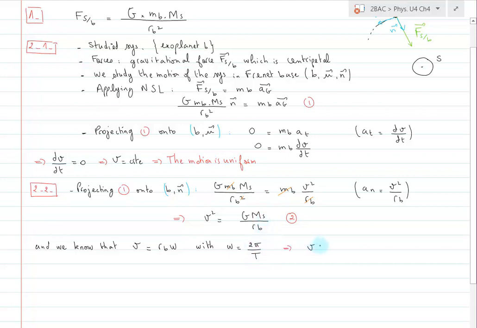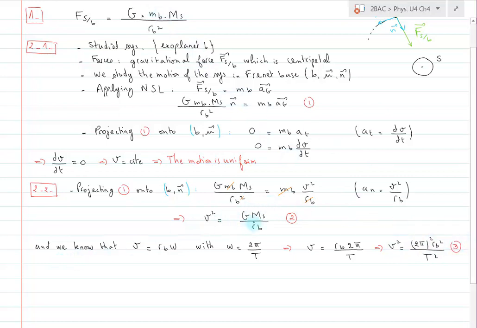So v is equal to r_B times 2 pi over T. We have replaced omega here with its expression. So v squared will be equal to 4 pi squared r_B squared over T squared. We are going to name this equation 3.